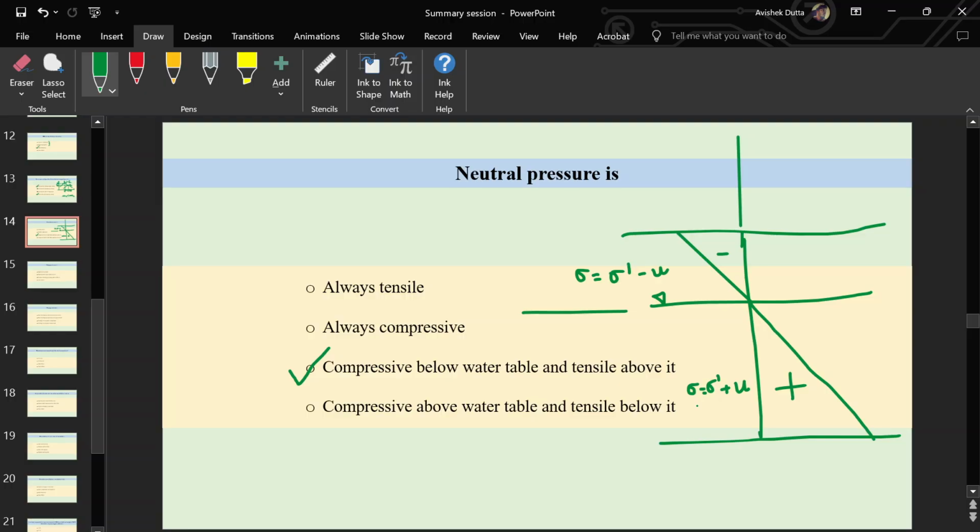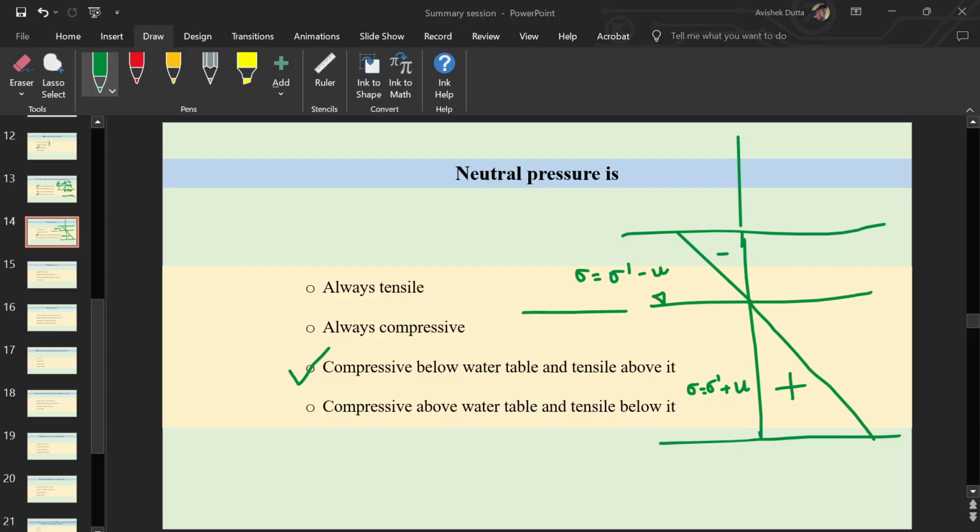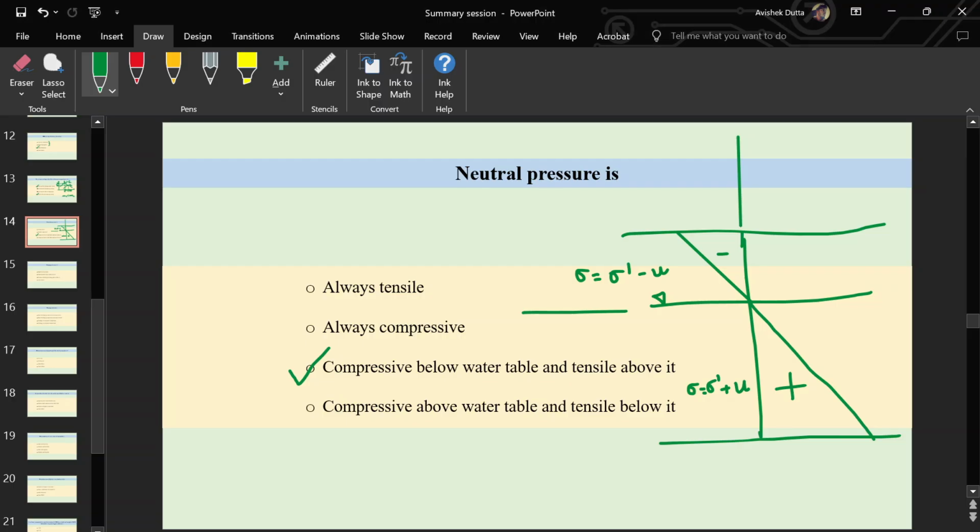So neutral pressure, that is the pore pressure, being tensile above the water table because of capillary suction, the effective pressure over here is more than the total pressure. So the correct answer is neutral pressure is compressive below water table and tensile above it. Yes, good.